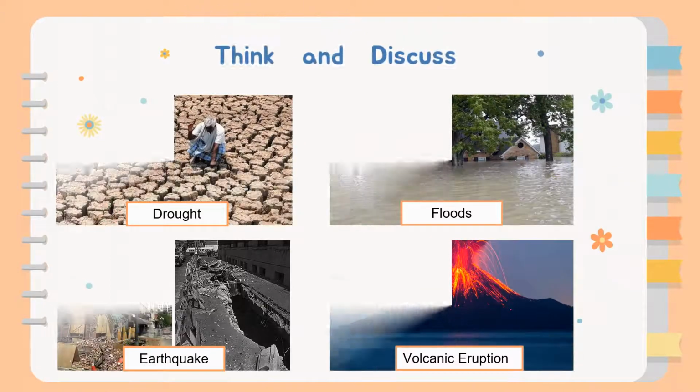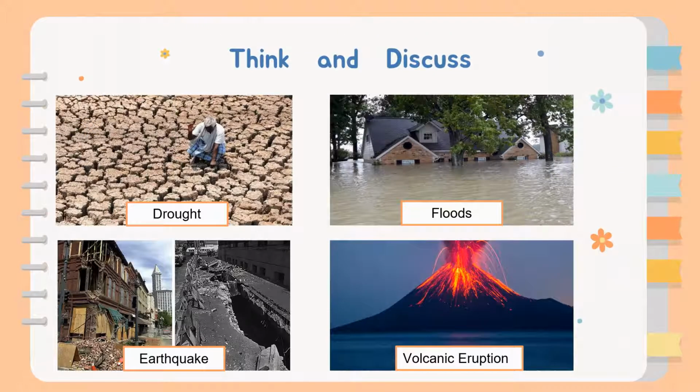Now students, let's have a quick activity that is known as think and discuss. Let's see if you can answer these questions based on the points given below. What effect does nature have on our occupations? Think a little, give a thought to the following issues.